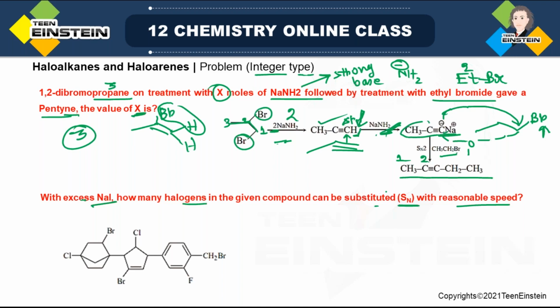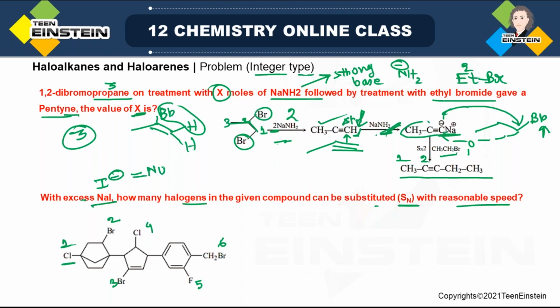And how many halogens are there in this molecule? 1, 2, 3, 4, 5 and 6. But the question is, is it possible that all these halogens will be replaced by substitution? And here you are using excess sodium iodide. That means I minus is the nucleophile.